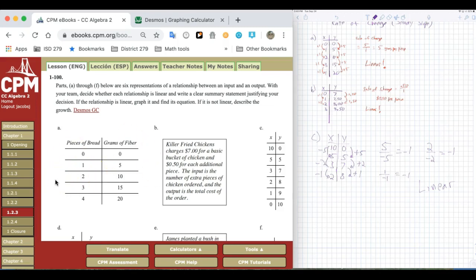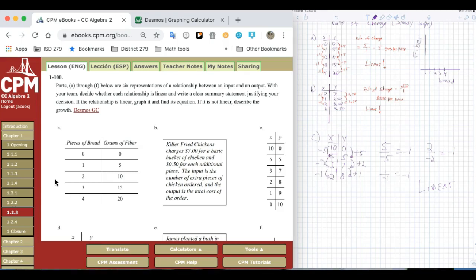So I've got some graph paper here, so I'm going to draw an X and a Y axis. I'm going to make my X values count by 1. And the X value here is the bread. And the Y value is the fiber.